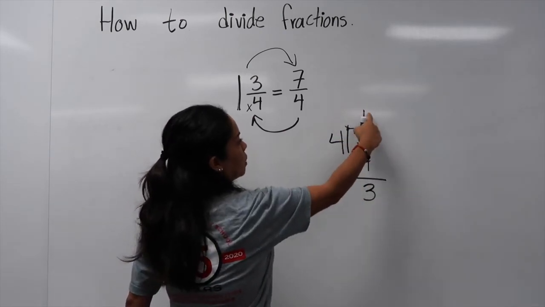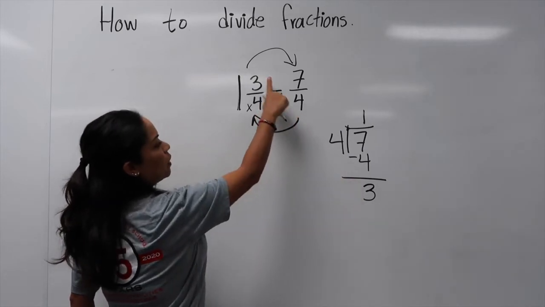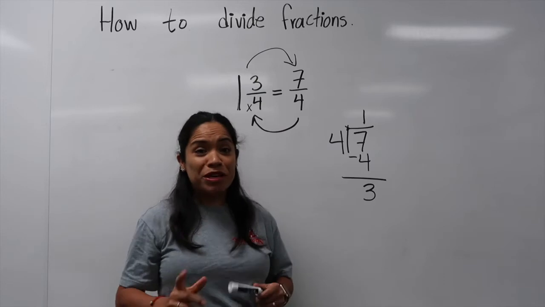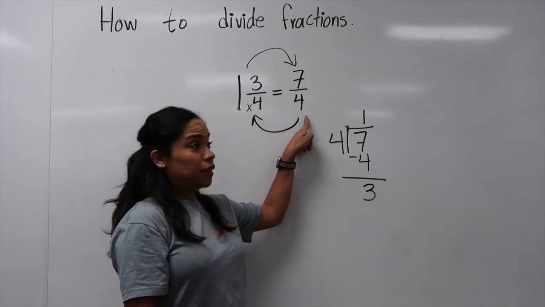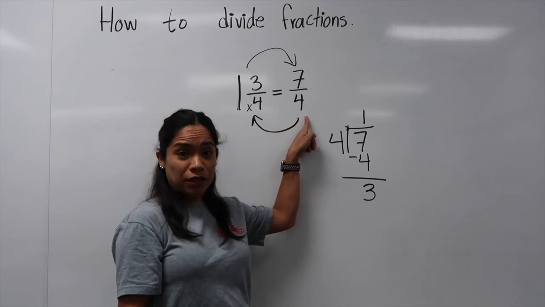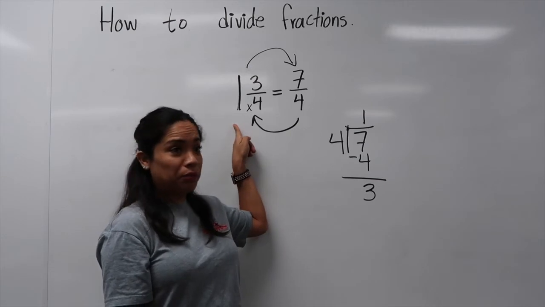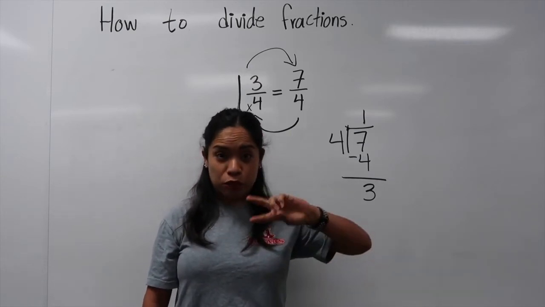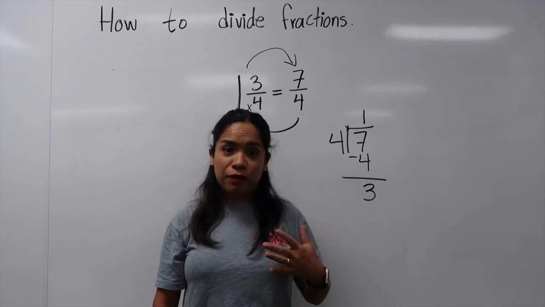The quotient is your whole number, the remainder is the numerator, and we keep the same denominator. Now that we know how to change from a mixed number into an improper fraction, and vice versa, we also know what a reciprocal means, which is just flipping the numerator and denominator. Now we can divide fractions.